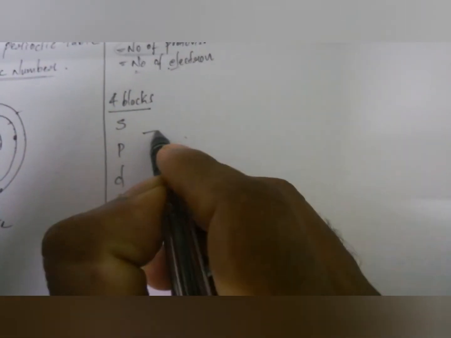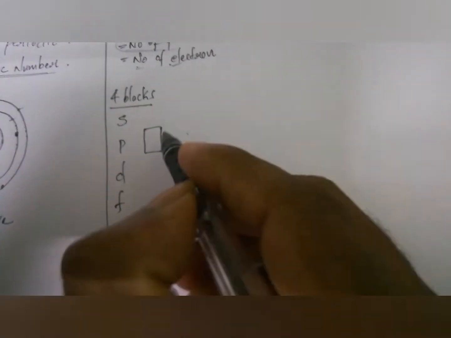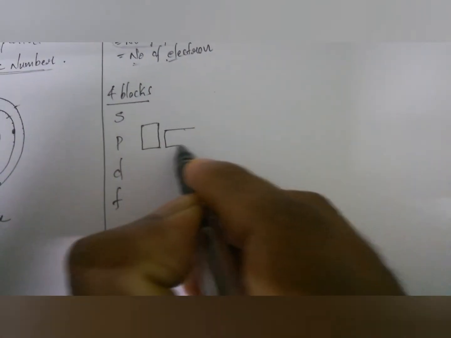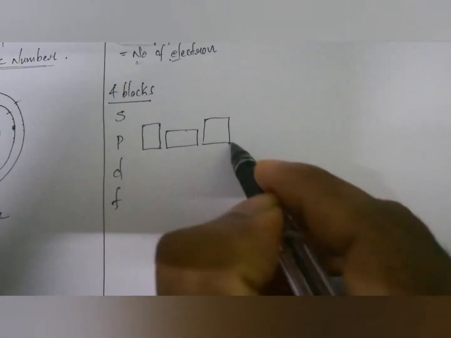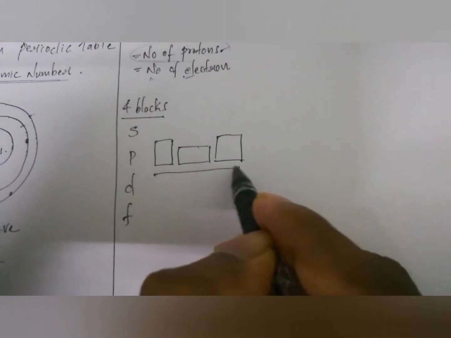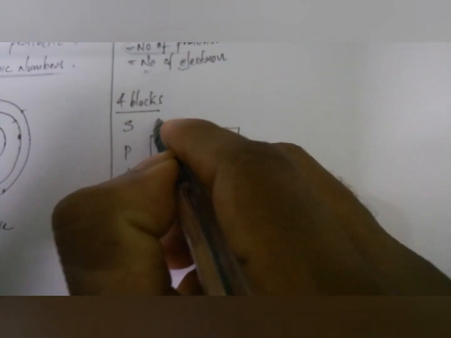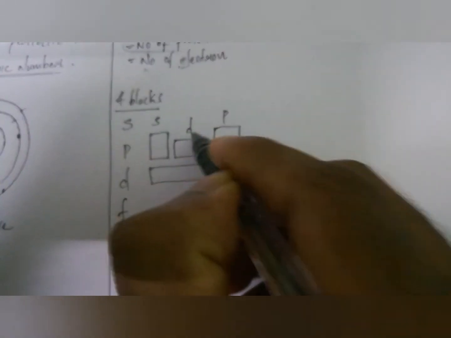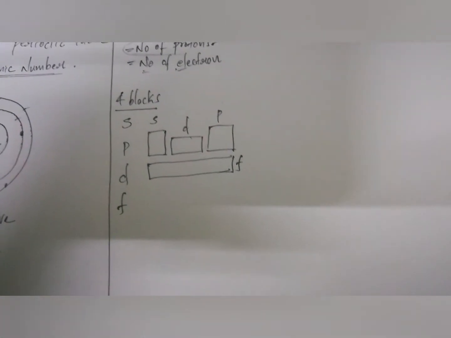I am drawing a small figure. Think that this is the S block, then this is the D block, then this is the P block, and this will be the F block. S, P, D, F. You got it?